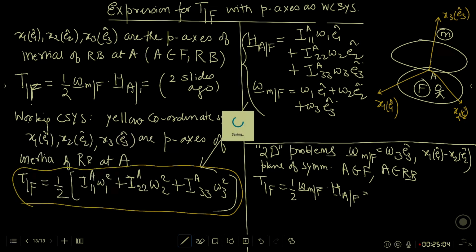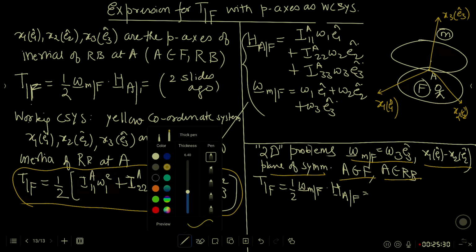Again, if the problem is a 2D problem, omega MF is this, this is a plane of symmetry, A is fixed in F, A is fixed in RB, then what would be the expression? In this case, it would be half IA33 omega 3 square. That's all.